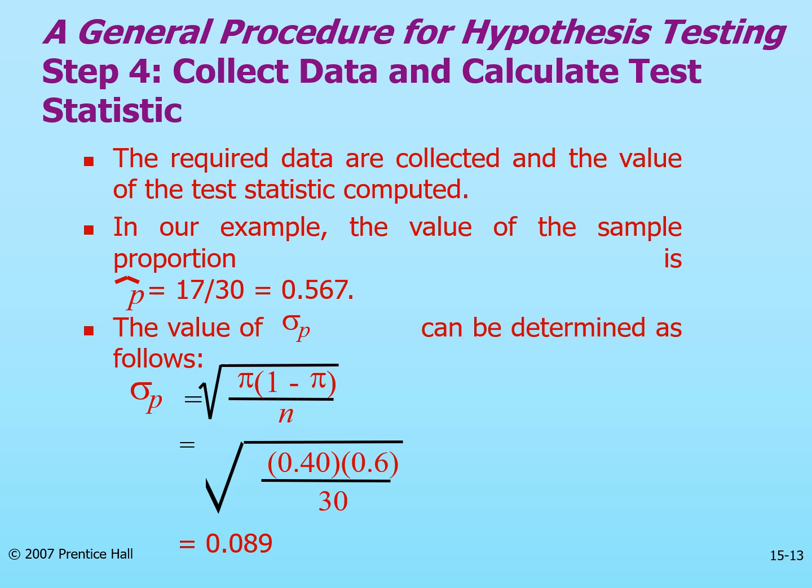Okay, no problem. When we say that the proportion is 17/30, it means that out of the total 30 populations, 17 have been given to that. So that comes to 0.567. The value of the standard deviation of P can be determined as follows.